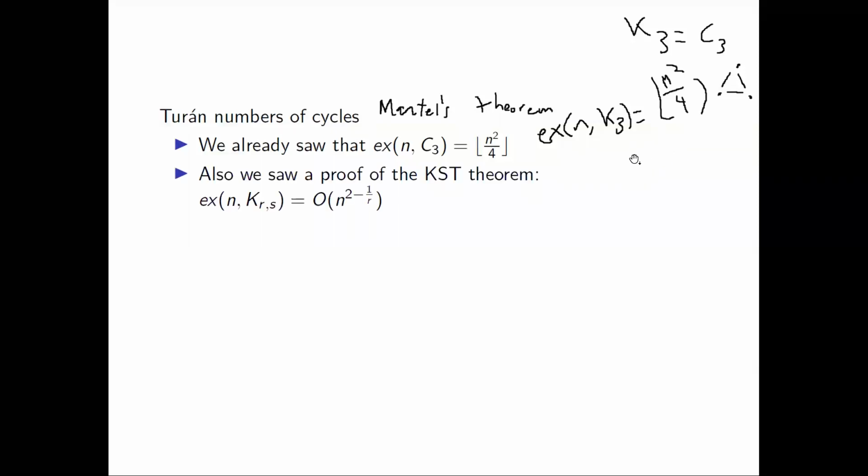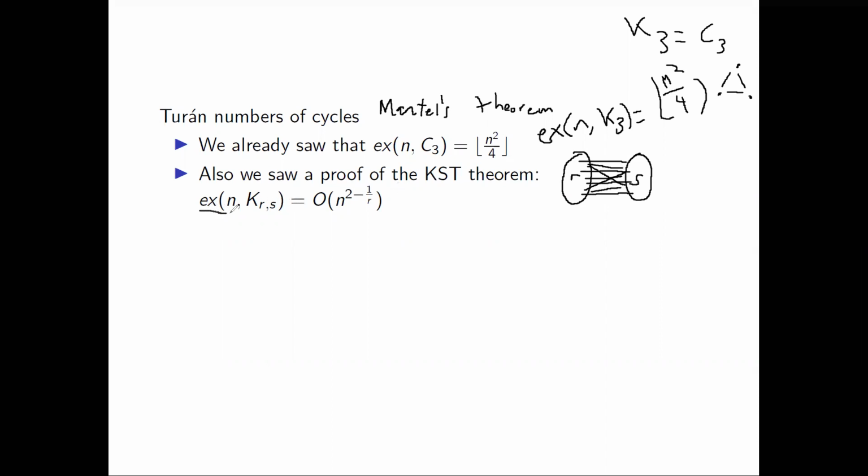Another result that we saw, which is related to Turan numbers of cycles, is this upper bound, which is known as the Kovari-Sos-Turan theorem. So if you have a complete bipartite graph with parts of size r and s, all possible edges between the parts because it's complete bipartite, we saw how to prove using Jensen's inequality that the Turan extremal function ex(n, K_{r,s}) is big O of n to the 2 minus 1 over r.